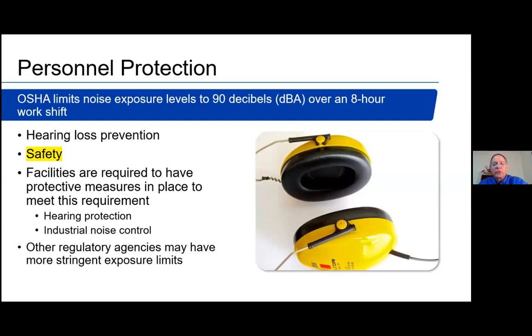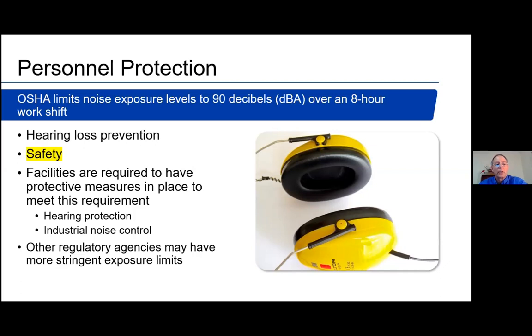One of the challenges that we do have is that there's a lot of variation in terms of what is considered a safe or a dangerous noise level, and an extreme amount of variability in terms of where the threshold is that different government organizations recommend for when you need to implement some type of sound control protection.